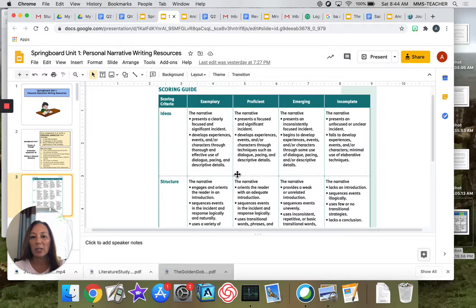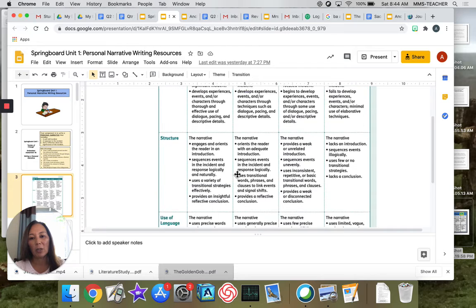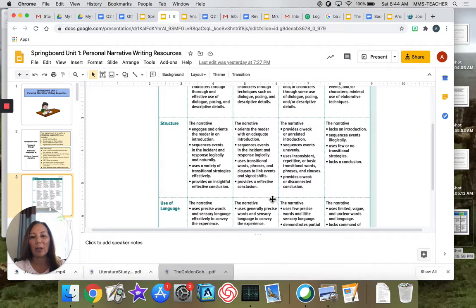It develops experiences, events, and characters through thorough and effective use of dialogue, pacing, and descriptive details. We're also going to take a look at the structure of your narrative. So the narrative engages and orients the reader in an introduction, sequences events in the incident, and responds logically and naturally, uses a variety of transitional strategies effectively, and provides an insightful conclusion.